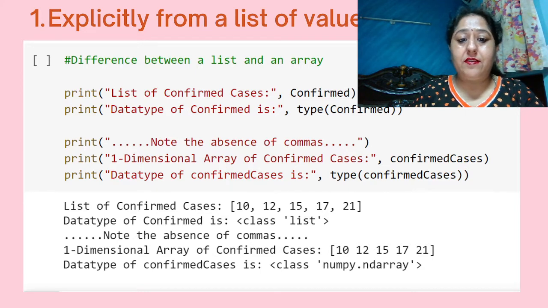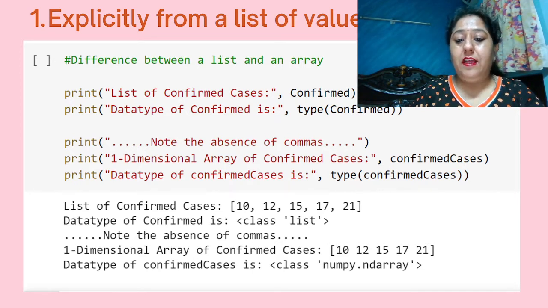Now, let us try to print the data type of the array which we have created. So we first print the array confirmed cases and we print type of confirmed cases. Look at the second last line of the output. The one-dimensional array of confirmed cases is again a list of elements enclosed in square brackets, but there is no comma in between as there was in the case of list.